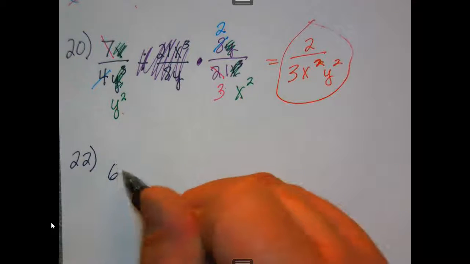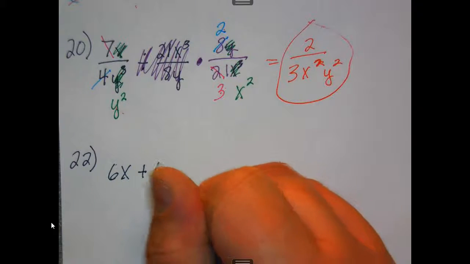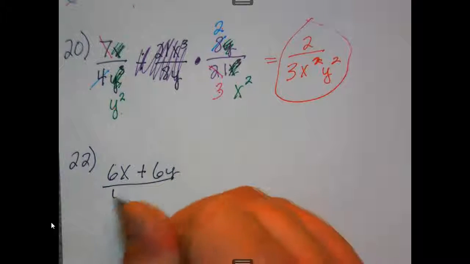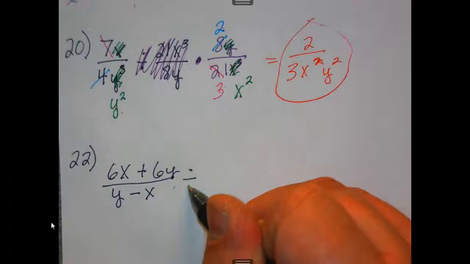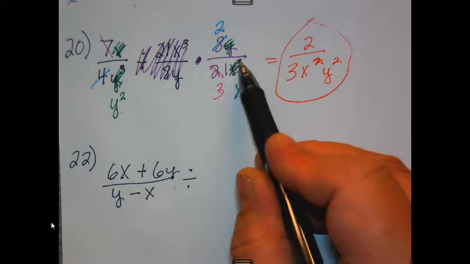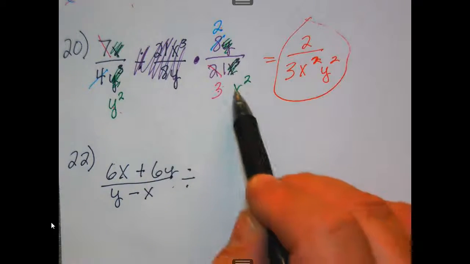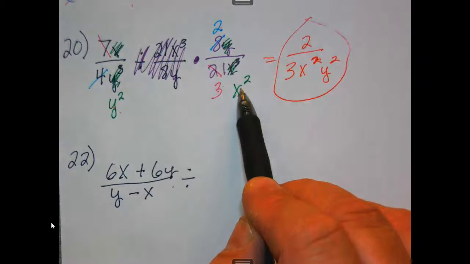6x plus 6y divided by y minus x, divided by, this was x cubed, and this was x to the first. Okay, x to the first, x cubed, I have two x's left.